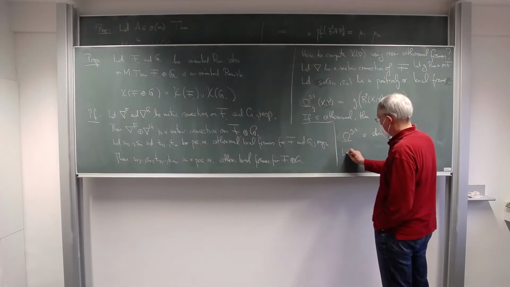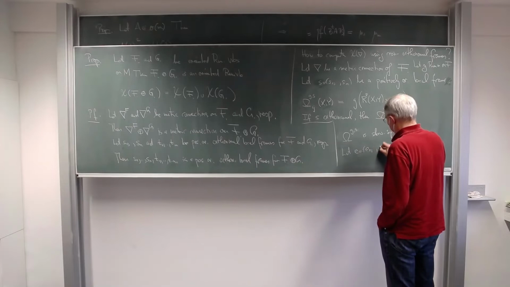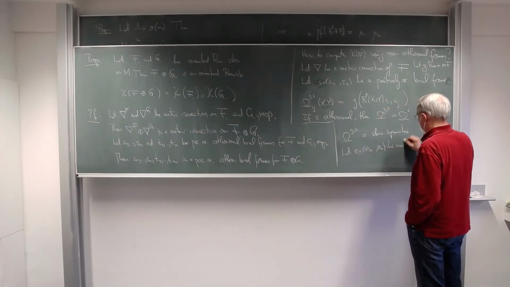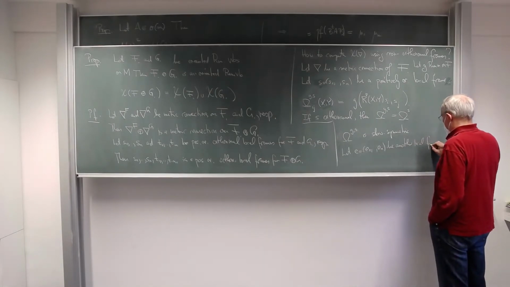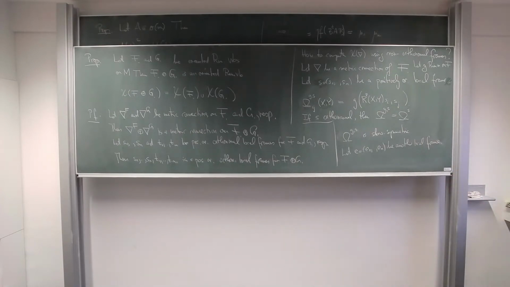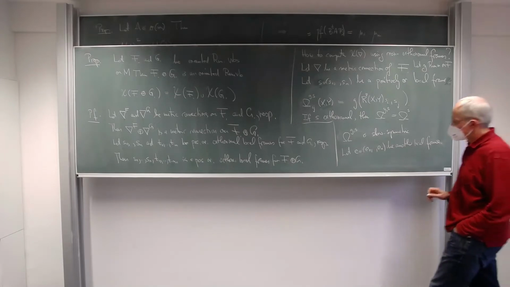So let E1 up to En be another local frame defined over the same domain, so that I can compare them. And then there's a transition matrix.